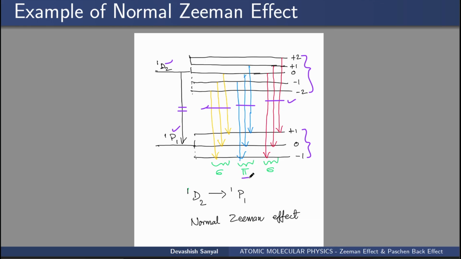This transition is the pi component, and this set of transitions is the sigma component, and this is also the sigma component. So this is the normal Zeeman effect in the transition 1D2 to 1P1. Both are singlet states, and so you have normal Zeeman effect.